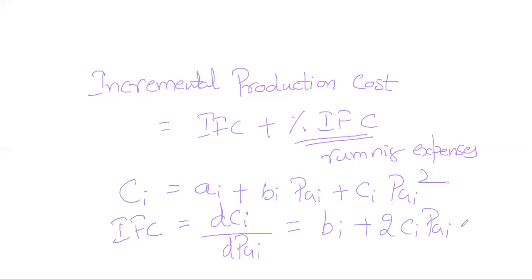So this is the incremental fuel cost. Generally the cost curve, as I told, is taken as a simple curve for our ease of analysis. So the objective of this optimal operation is to get the minimum cost.